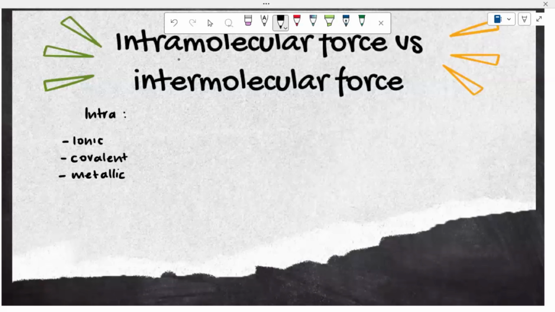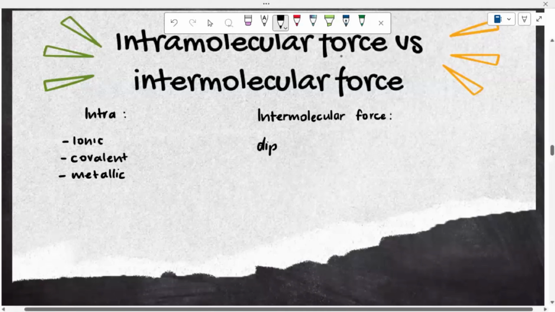right? So now, what are the intermolecular forces that you learned? Someone please list them. List all of them or even one that you know for me in the chat. Awesome. Okay, so we have dipole-induced dipole.